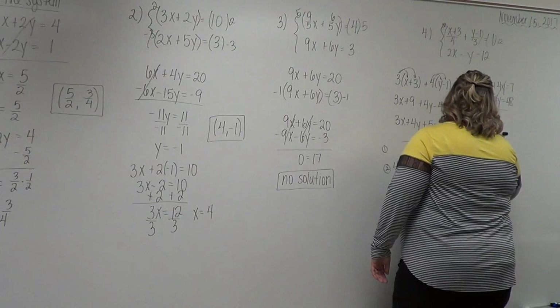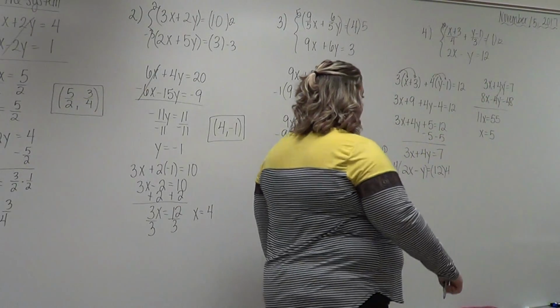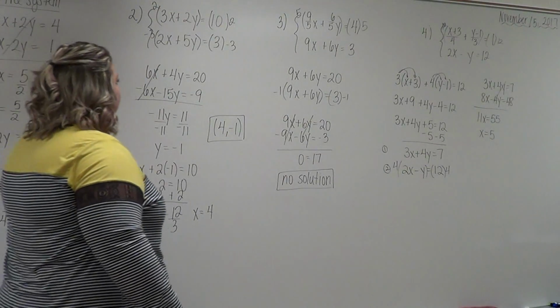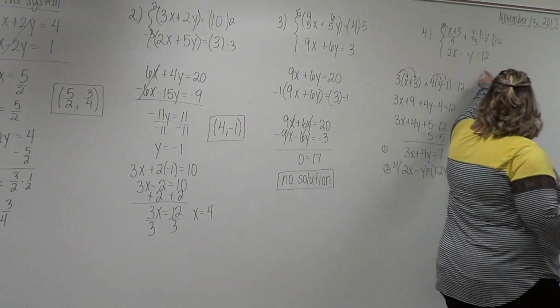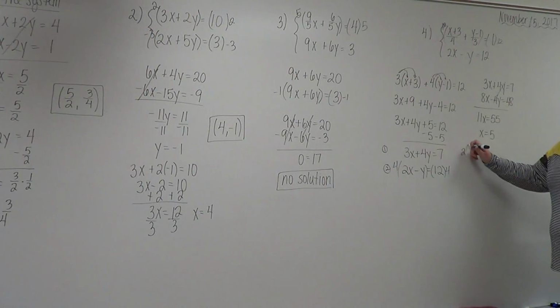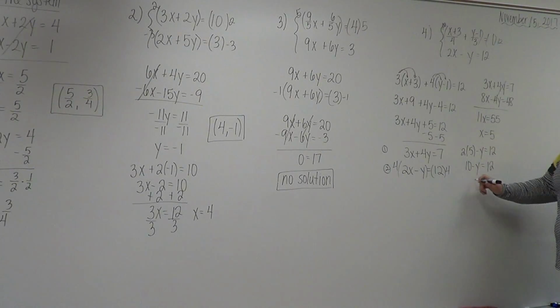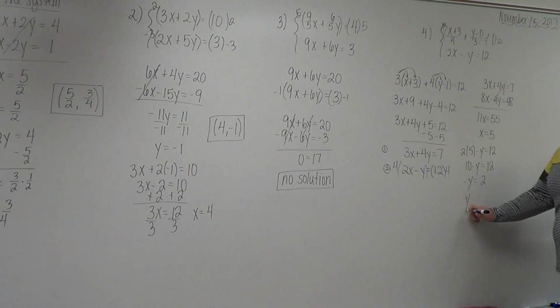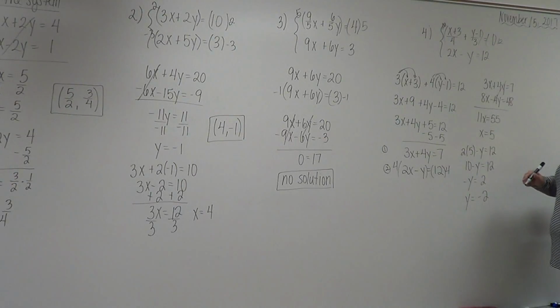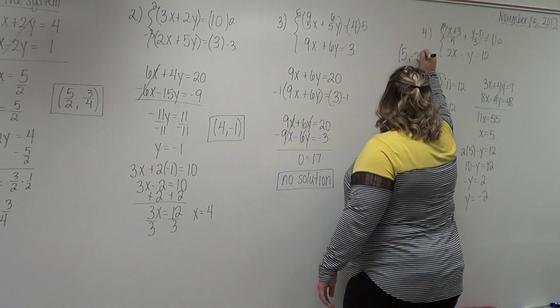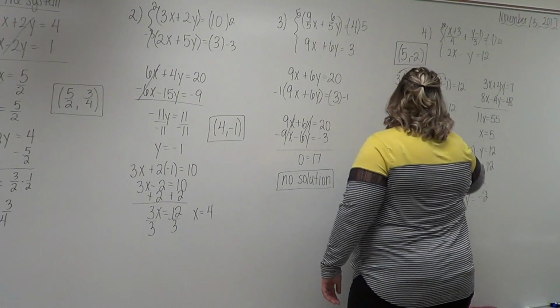So that means x equals 5. And how would you find y? Plug it in to the bottom one. So 2 times 5 minus y equals 12. 10 minus y equals 12. If I subtract 10, I have negative y equals 2. So what's y equal to? Negative 2. So what's my point? 5, negative 2.